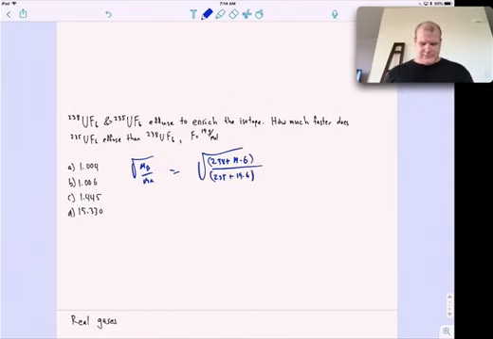So put that in your handy dandy calculators. 238 plus, I should put parentheses on this, 238 plus 19 times 6, divided by 235 plus 19 times 6, and then the 0.5 power.